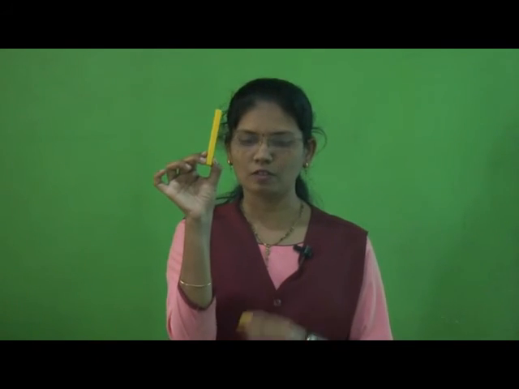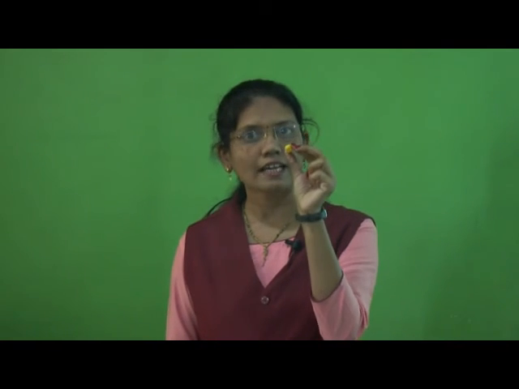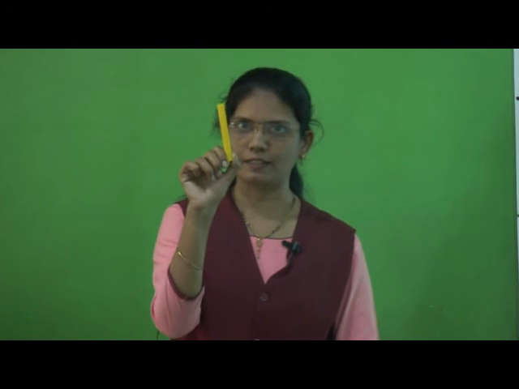If I put 10 ones together, then it will become 10. This is a 10. Okay, this is a single 1 which is at the ones place.